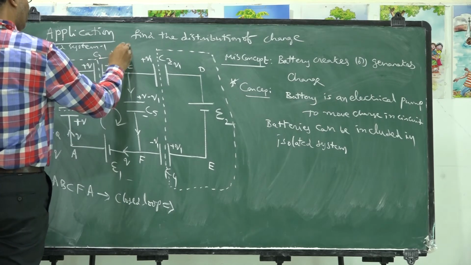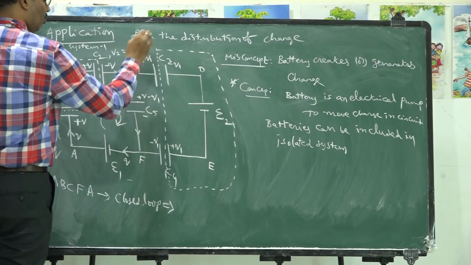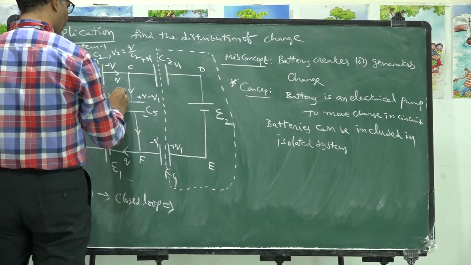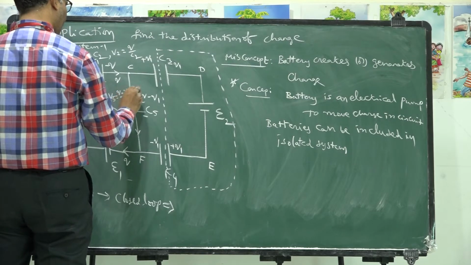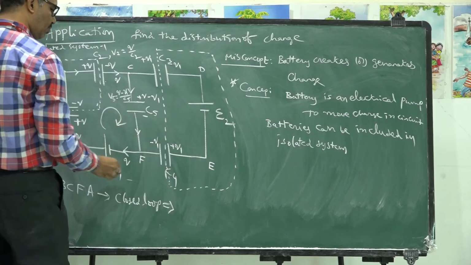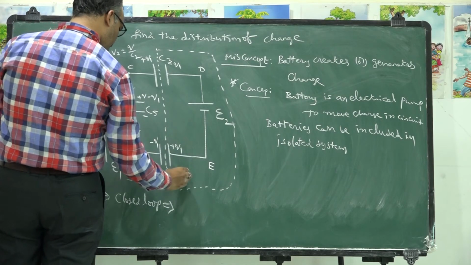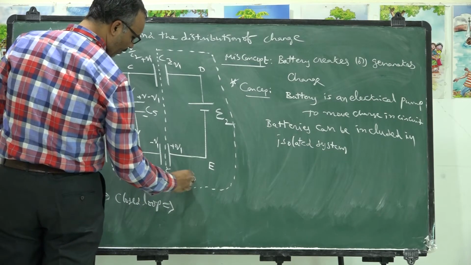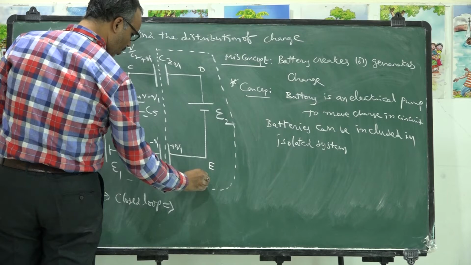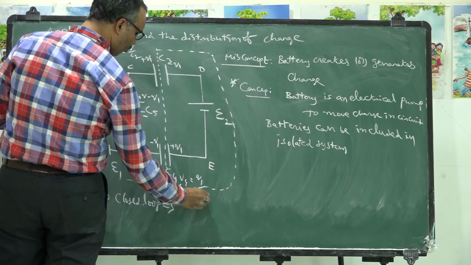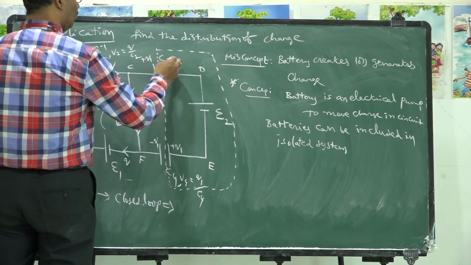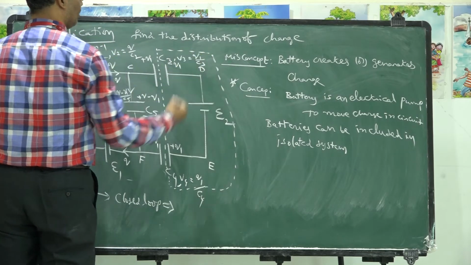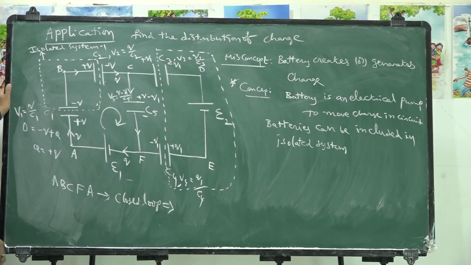V2 will be Q by C2. What is the potential here? V5 is Q minus Q1 by C5. What is the potential here? V4 is given by Q1 by C4. Similarly, V3 is Q1 by C3. So individual potentials I calculated.